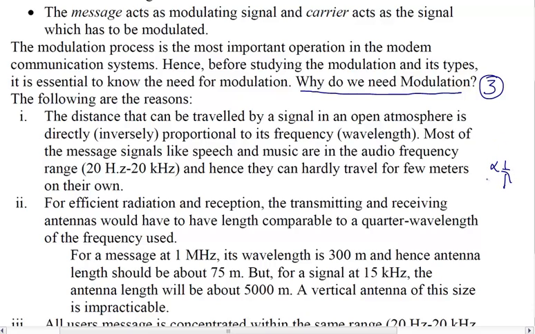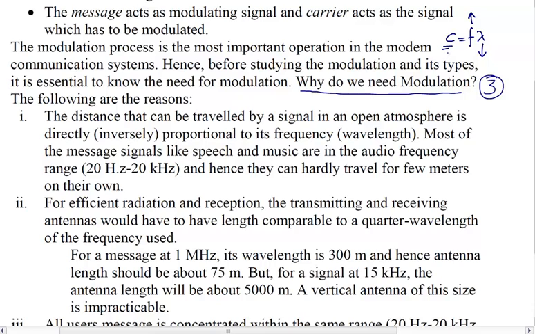And we know that f and lambda are opposing quantities. That means there is a general rule in electromagnetics that the speed of the electromagnetic wave is frequency into wavelength, c equals f lambda. So if you increase the frequency, the wavelength will go down. Why? Because c is basically the speed of light in free space.